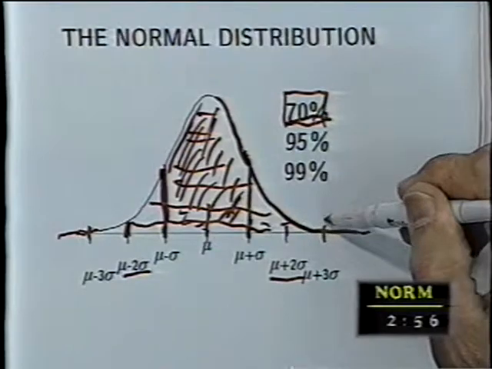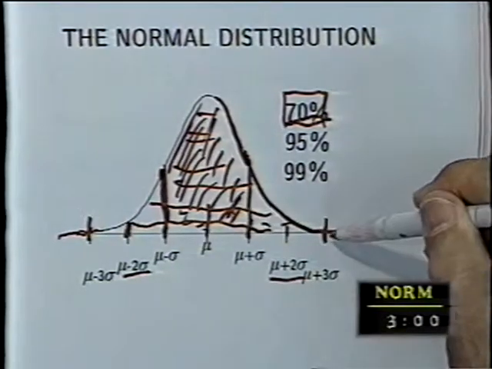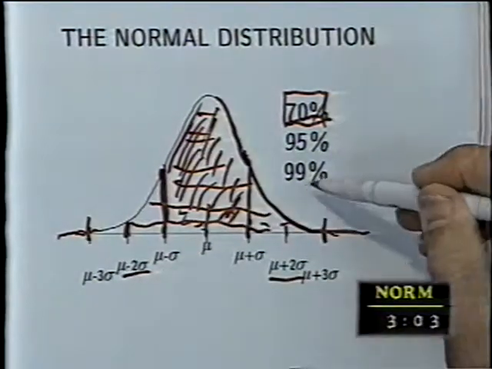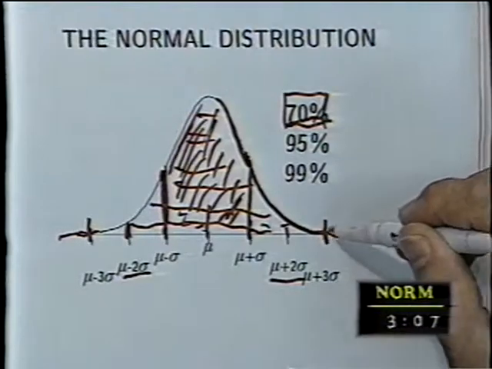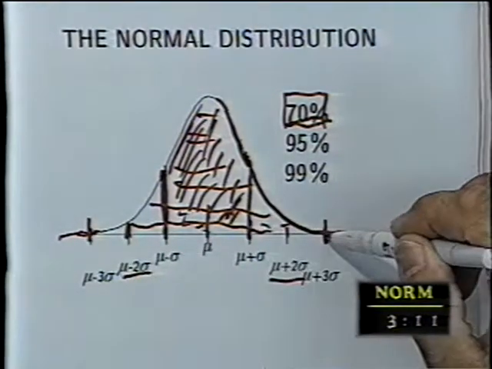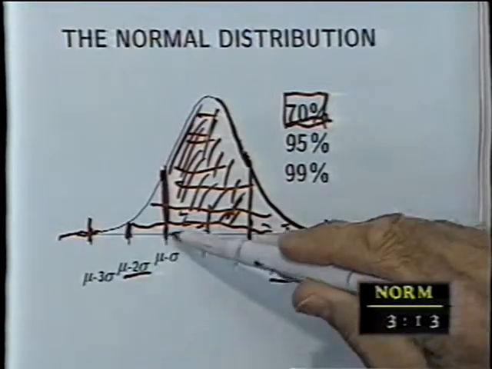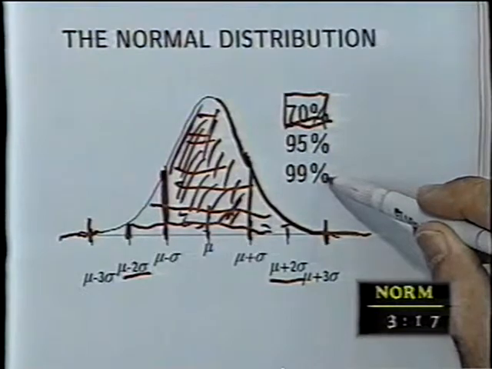If you go out to 3 standard deviations, you've got just about all of the area. There's very, very little outside. In fact, there's less than 1% past the 3 standard deviation mark. That is, from mu minus 3 standard deviations to mu plus 3 standard deviations contains just about all of the area. We say at least 99% of the area.